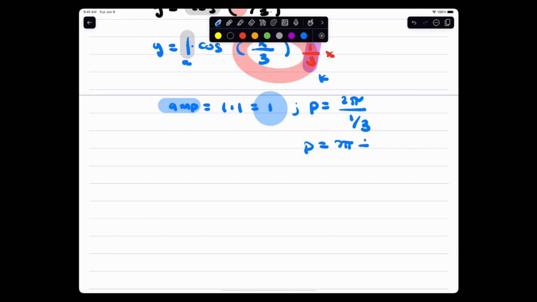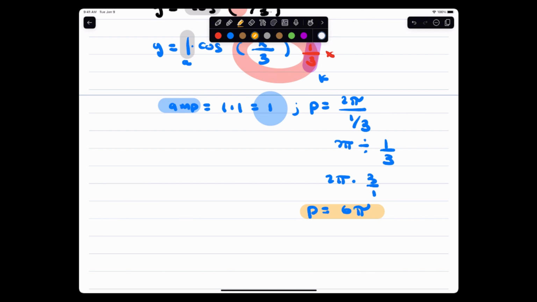Two pi divided by 1/3. Let's do the arithmetic here. This is 2 pi times 3 over 1, which is going to be 6 pi. So, ladies and gentlemen, the period is 6 pi here.